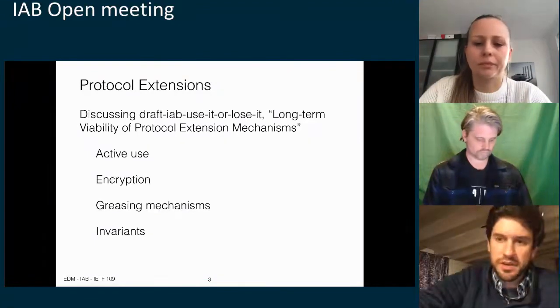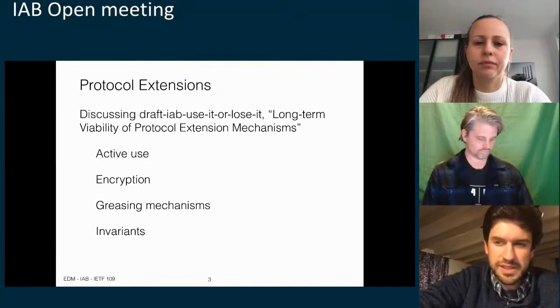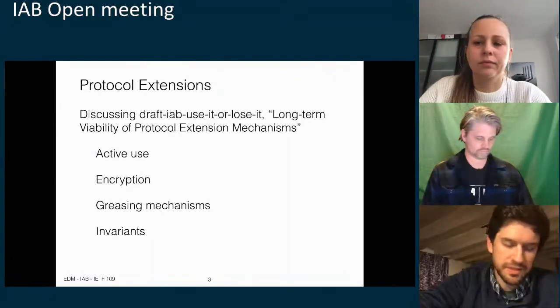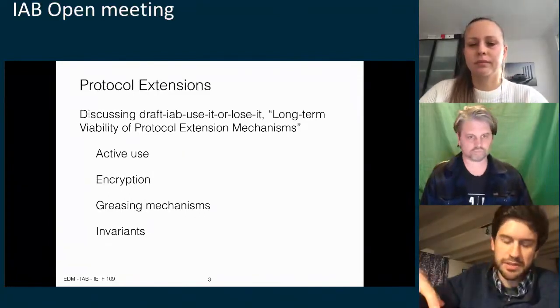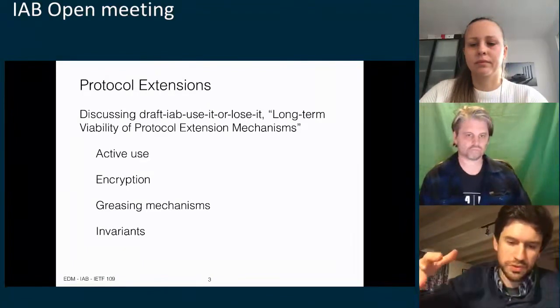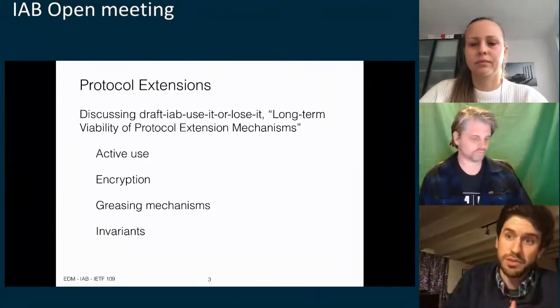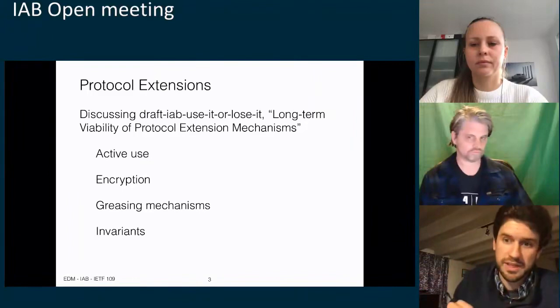And particularly, we've had some conversations on the list and on GitHub about greasing specifically. Greasing is a technique that we've seen come from TLS, and we're talking about it for other protocols, but generally it's been applied to protocols that have already had ossification problems and we're trying to rectify things.